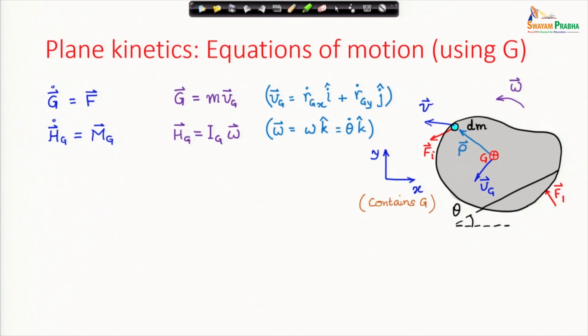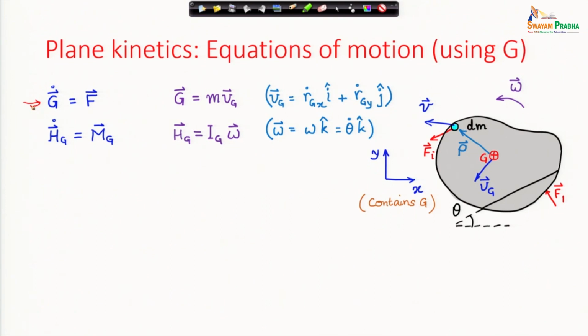Just to recapitulate what we had discussed in the previous lecture, for a rigid body in a plane, which is a prismatic body, and this plane xy I have shown in the figure contains the center of mass. The translational equation of motion, which is the extended Newton's second law, is given by this equation.